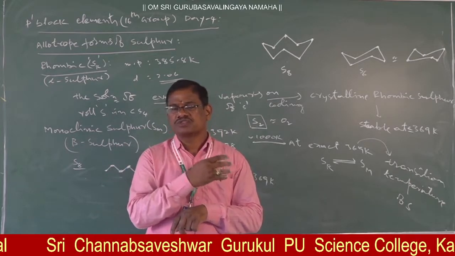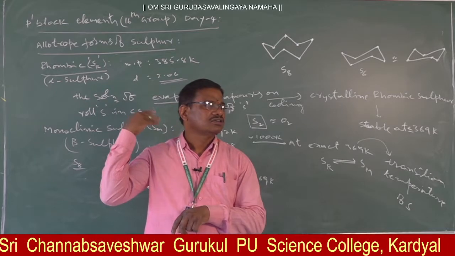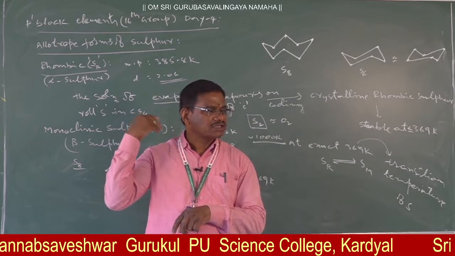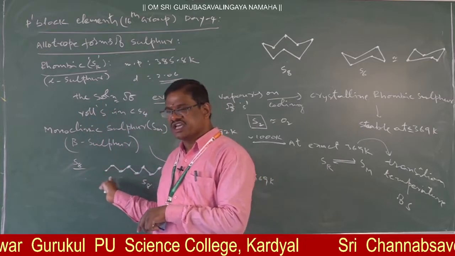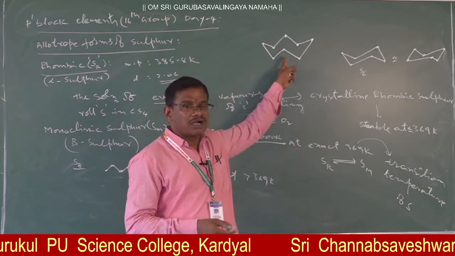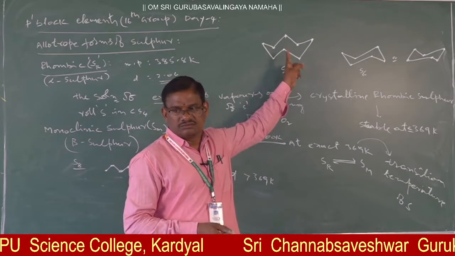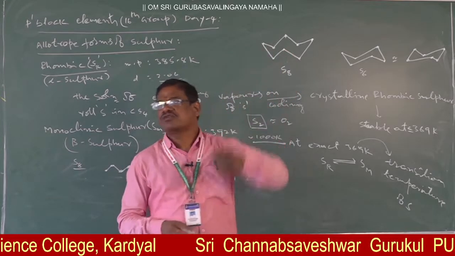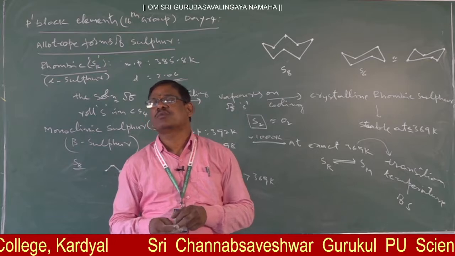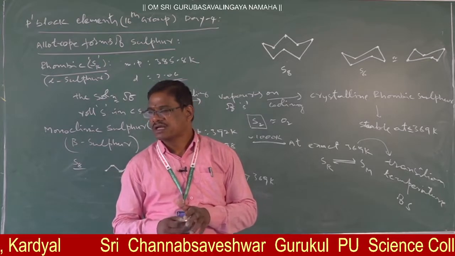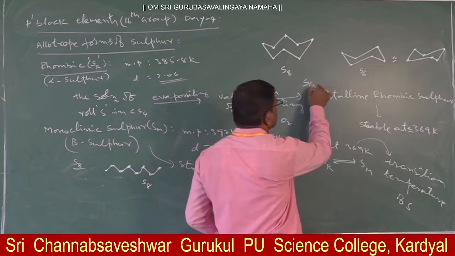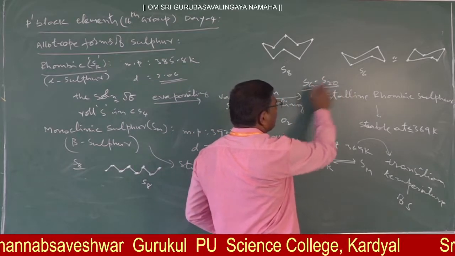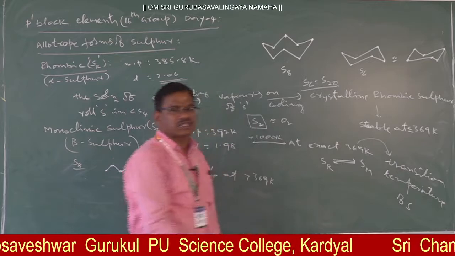These forms are mainly S8 atomicity; structurally, one is a chain and the other is puckered or crown. Many forms of different atomicities of sulfur allotropes are there, from S6 to S20. Among them, S6 can exist as a chair form.